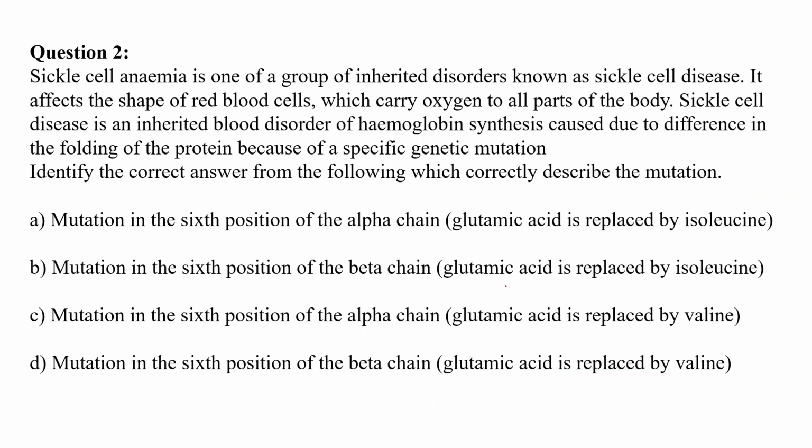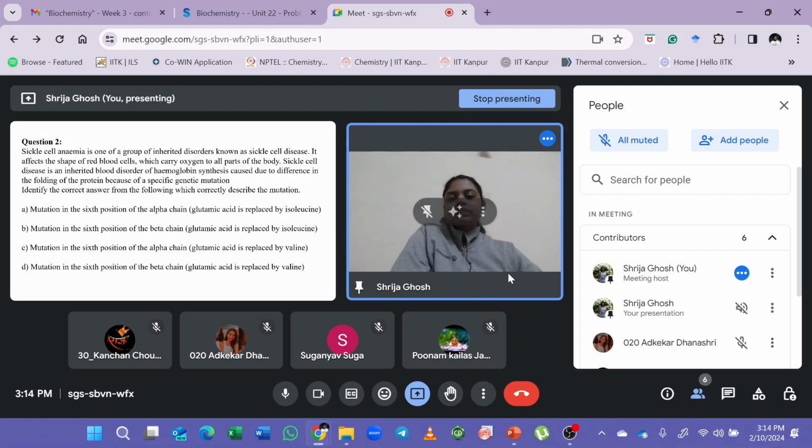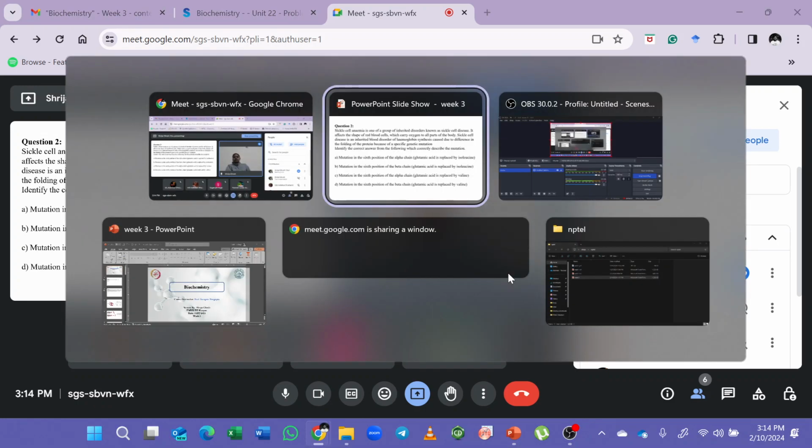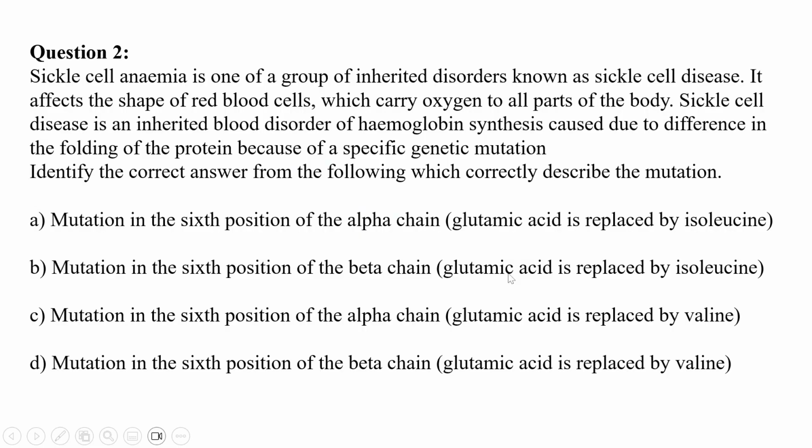So coming to the second question, sickle cell anemia is one of a group of inherited disorders known as sickle cell disease. It affects the shape of the red blood cells, which carry oxygen to all parts of the body. Sickle cell disease is an inherited blood disorder of hemoglobin synthesis caused due to difference in the folding of a protein because of a specific genetic mutation.